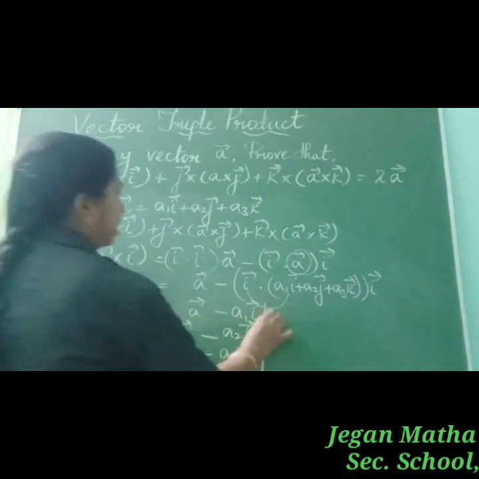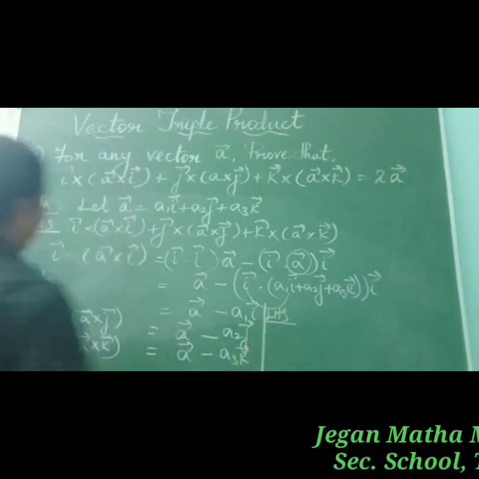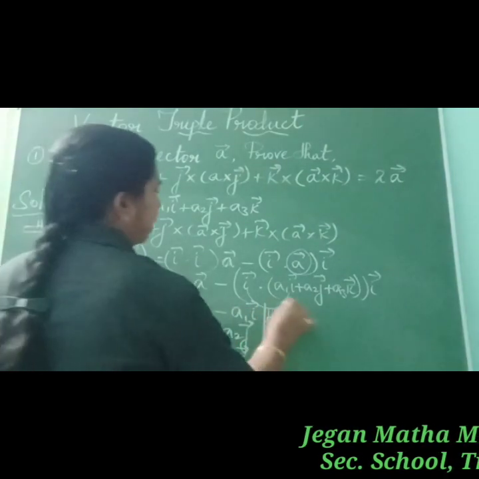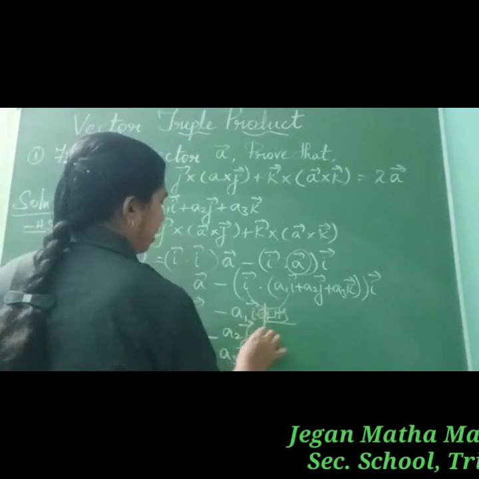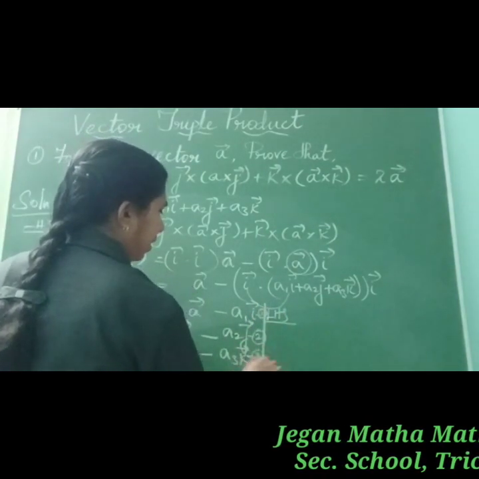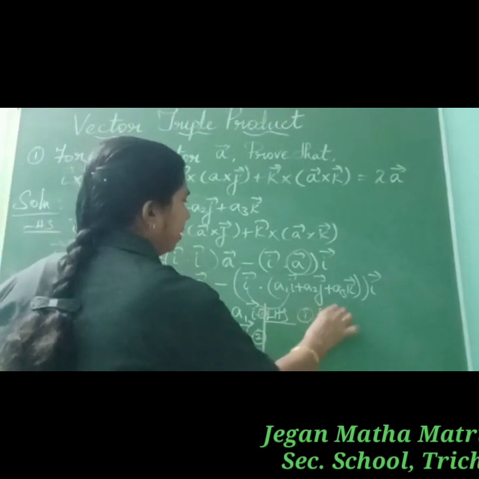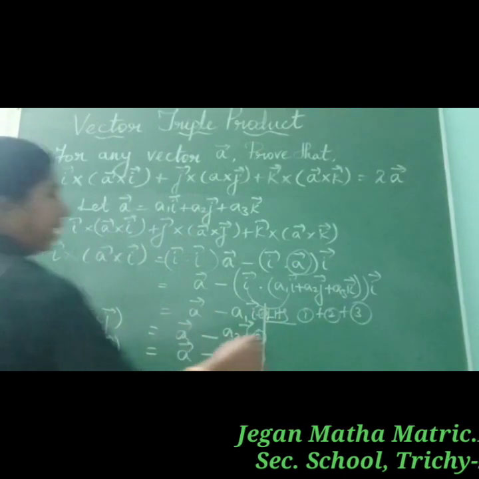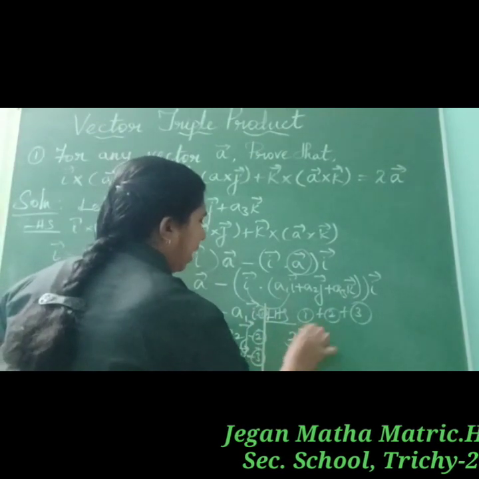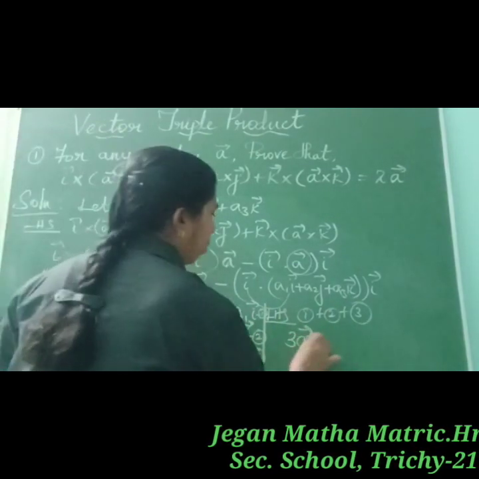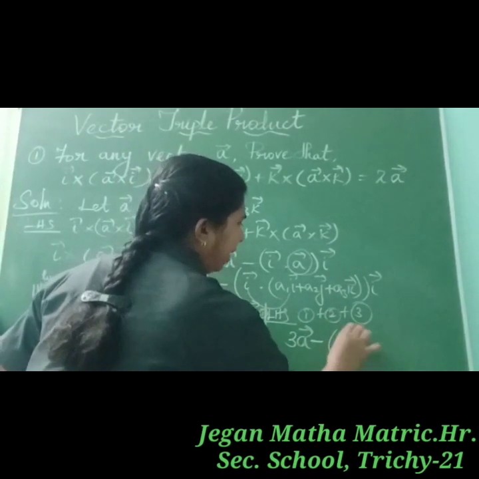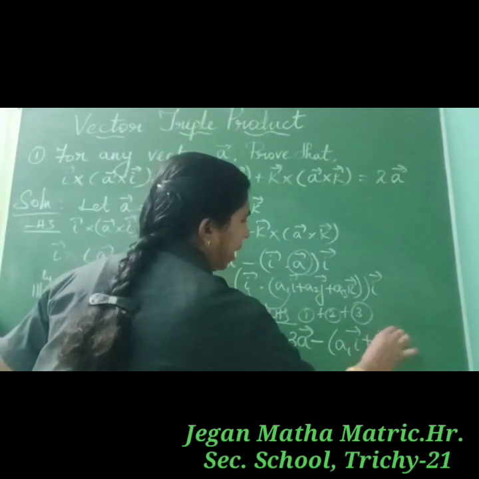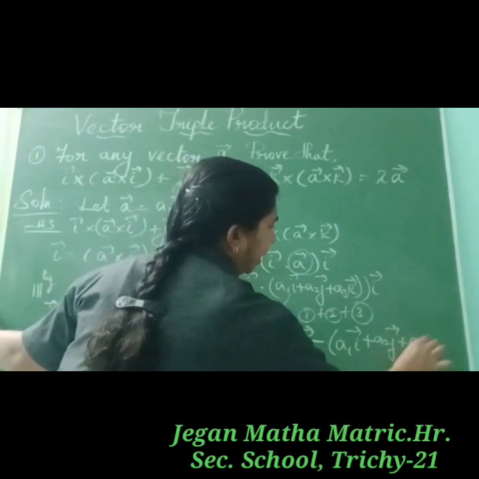So for the simplification of the left hand side, consider these as the first, second and third equations, and add 1 plus 2 plus 3. When you add all these three, we get 3A vector minus A1i plus A2j plus A3k.